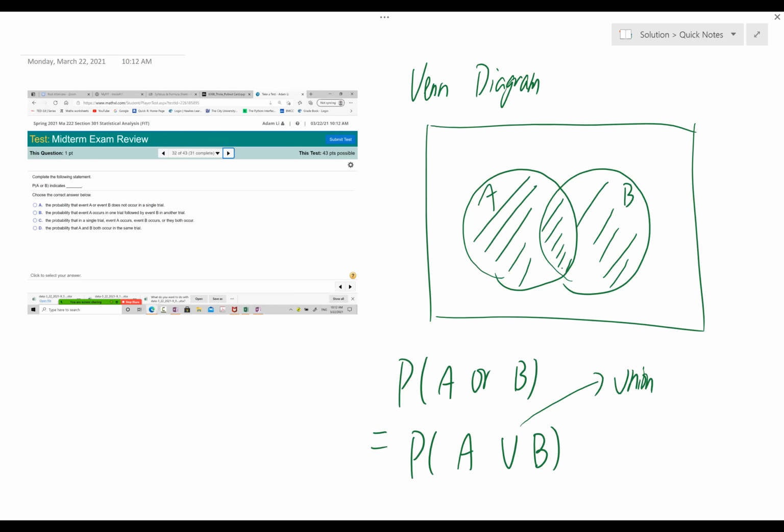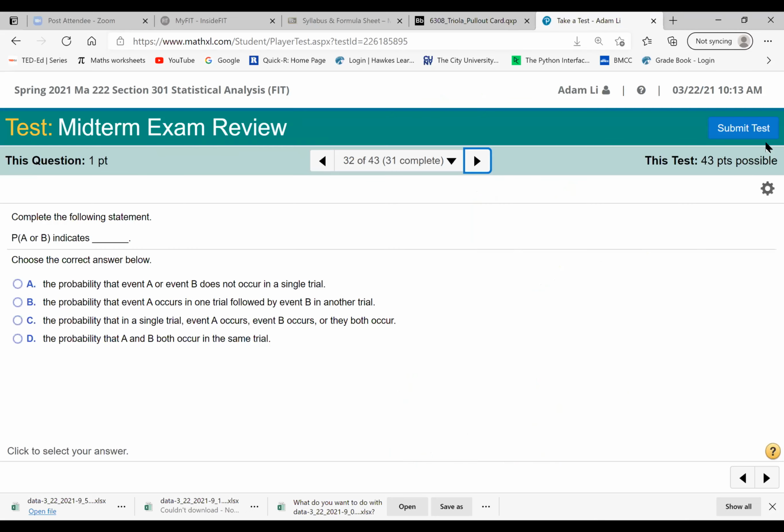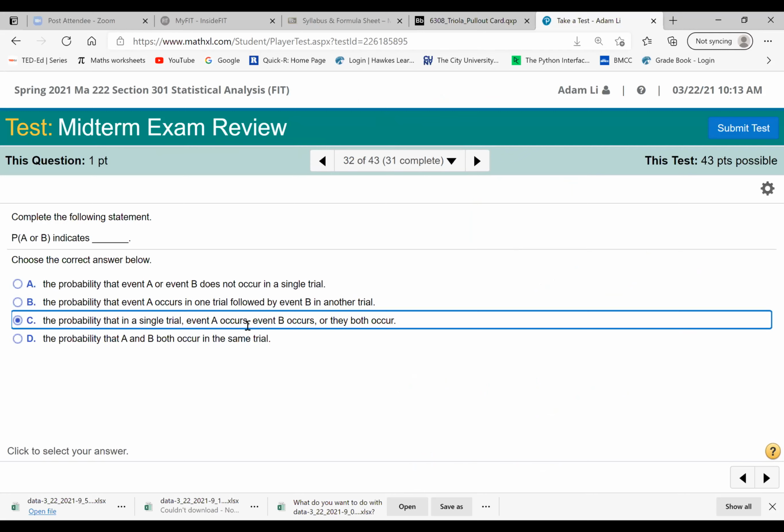So it means everything within A and B. So the probability that event A occurs, or they both occur, right? The answer should be C. C best describes this: the probability that in a single trial, event A occurs, event B occurs, or they both occur, meaning they intersect. So C is the correct answer.